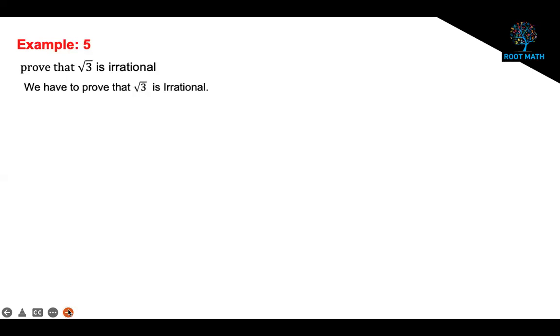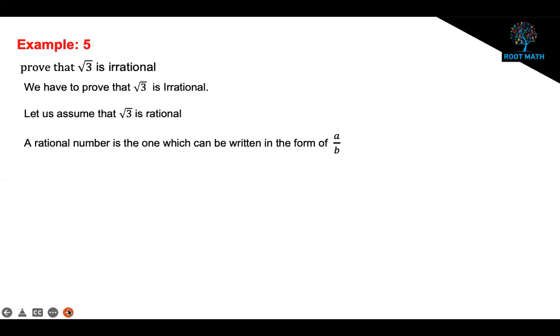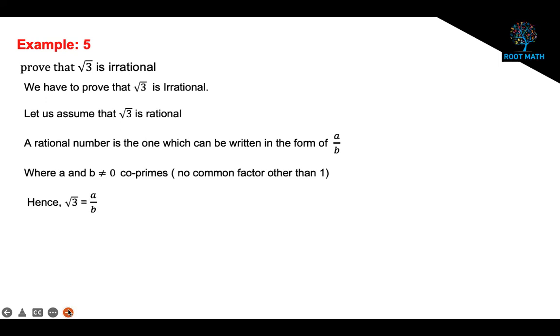Now, root 3. So, what will we do? According to the contradiction method, we'll consider root 3 is rational. When a number is rational, it can be written in the form of a by b, where a and b are integers and co-prime and b not equal to 0. When root 3 equal to a by b, do the multiplication like this.